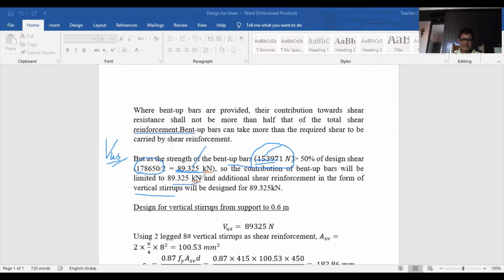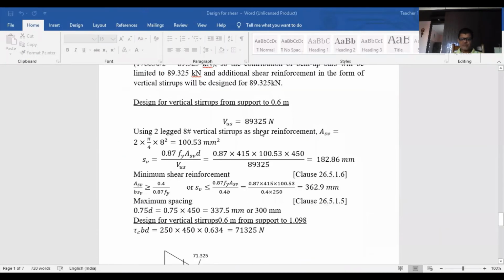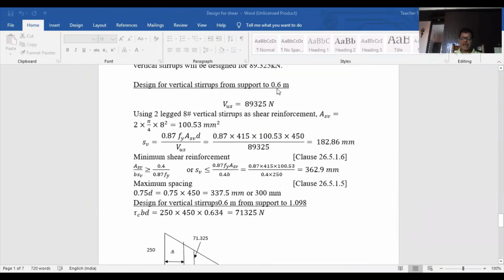Now for this value of shear resistance, find the spacing for vertical stirrups. So that we will do below. Design of vertical stirrups up to 0.6: up to 0.6 it is 89.325. After 0.6 you have to find again the shear force for design. Now providing 2-legged 8 mm bars, find out the spacing. Similarly, find the spacing for vertical stirrups from the design criteria, the minimum shear reinforcement criteria, and the maximum spacing criteria, and the maximum is 300.